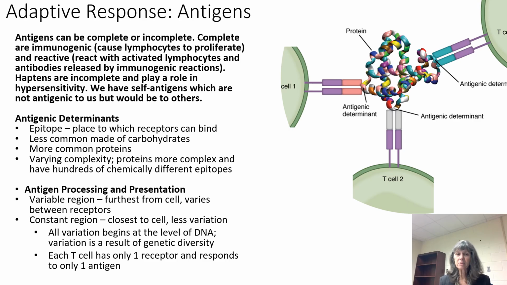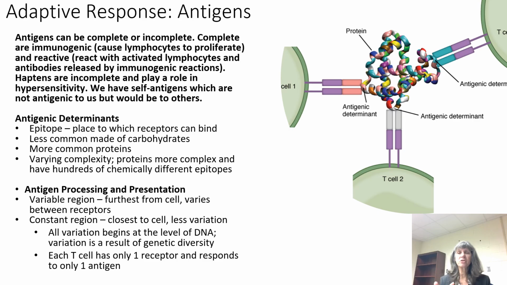The proteins are much more complex, and they can produce hundreds of chemically different epitopes. And then that area, again, the epitope is the antigenic determinant. It determines what it can bind to in terms of what our receptors are on T cells.